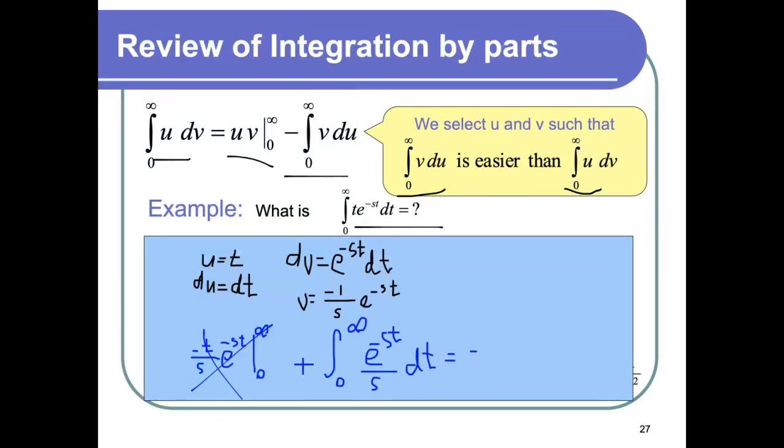This is minus 1 over s squared e to the power of minus st. Apply 0 to infinity, and then you get 1 over s squared. Any questions?